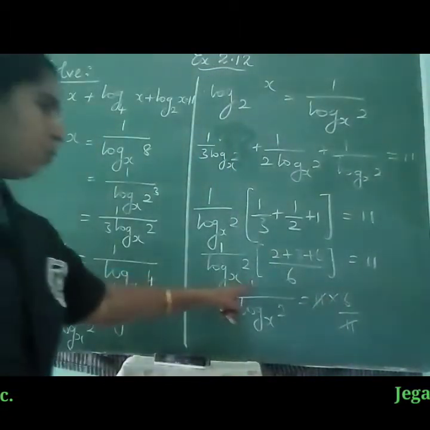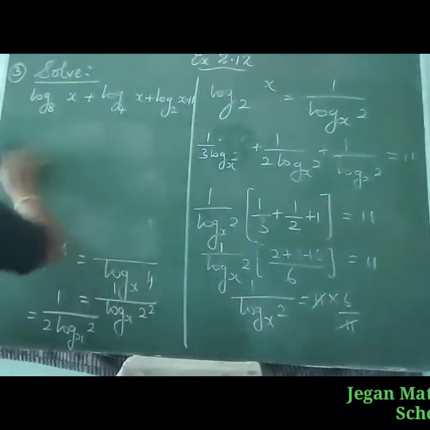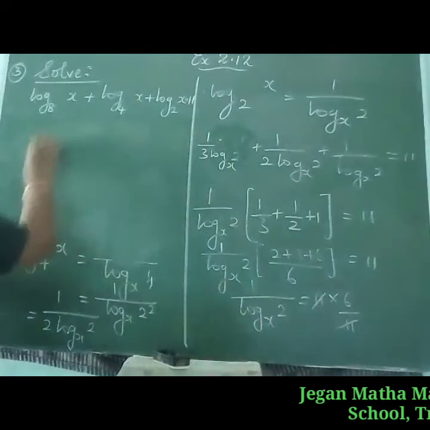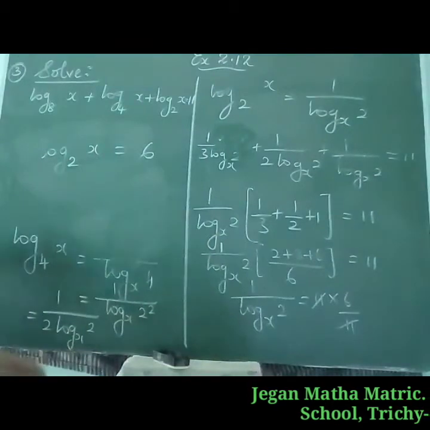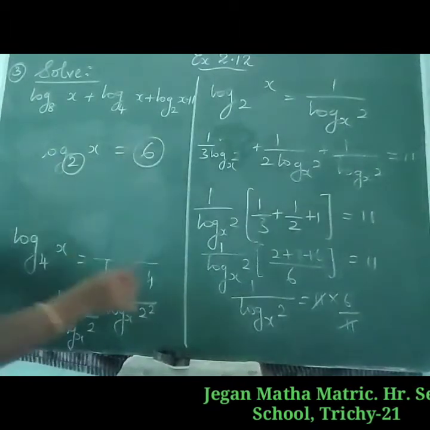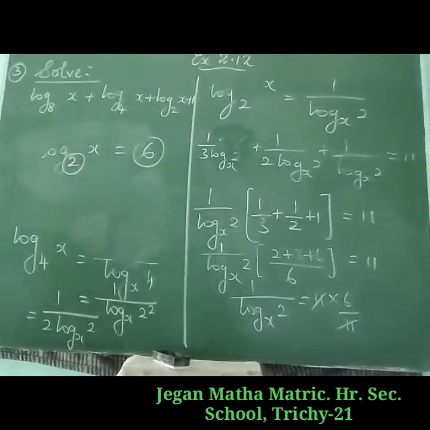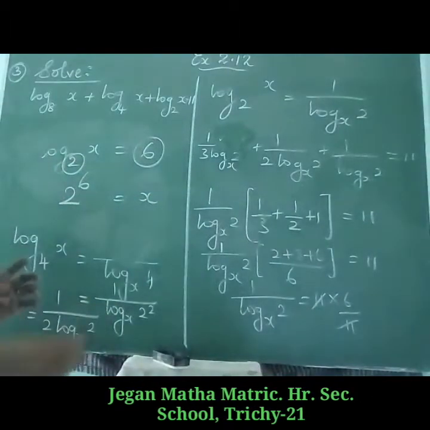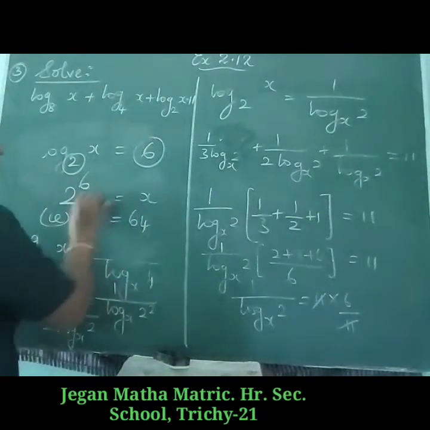So now we have 1 divided by log 2 base x equal to 6. By the change of base rule, log of x base 2 equal to 6. Applying the logarithmic function, we get 2 power 6 equal to x. 2 power 6 is equal to 64. Therefore, the required value of x is equal to 64.